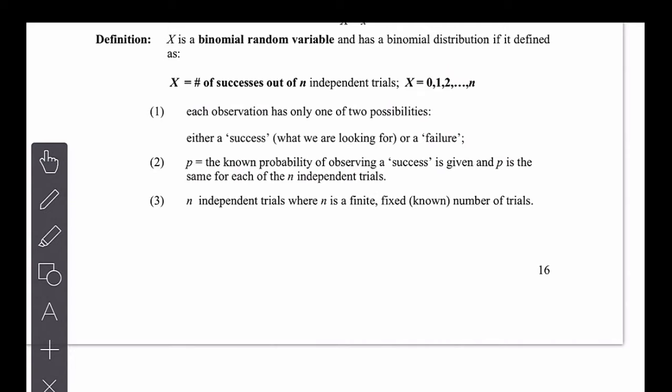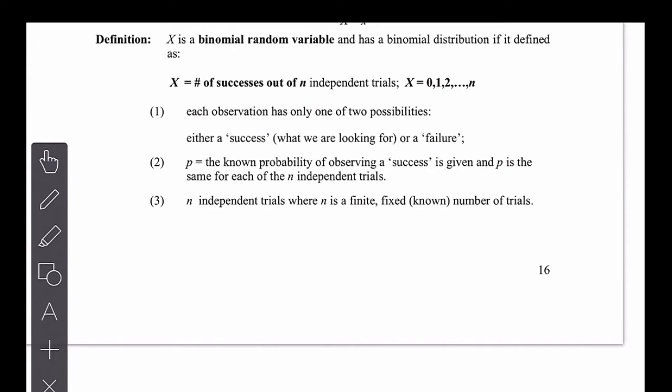It would be the number of couples I observe to see if they're married or not. So n refers to the number of observations I make. It's a finite number, so it can't be infinity. It has to be known in advance.